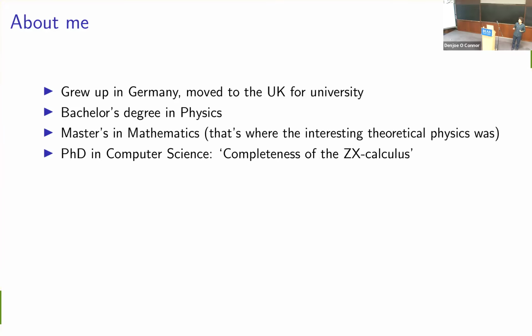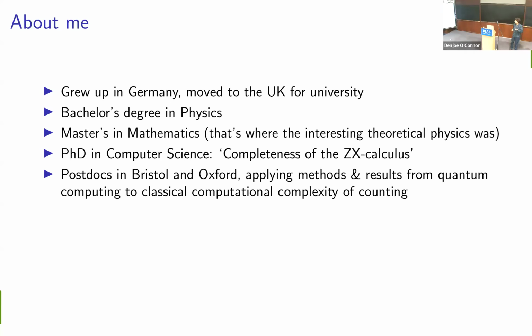So I did a PhD in computer science on something called the ZX calculus, which I'll tell you about at the end of my talk. It's a graphical language for reasoning about quantum computing. That makes it quite intuitive to use, which is useful when you're talking about quantum computing. And it's also formal, so it's mathematically exact, and you can really use it to do proper, rigorous science.